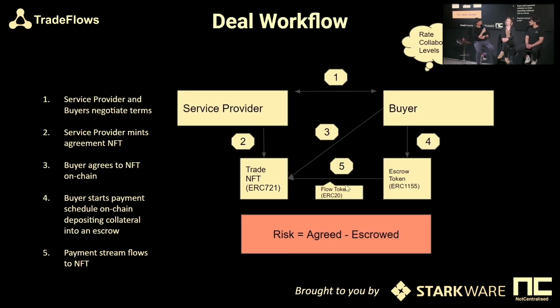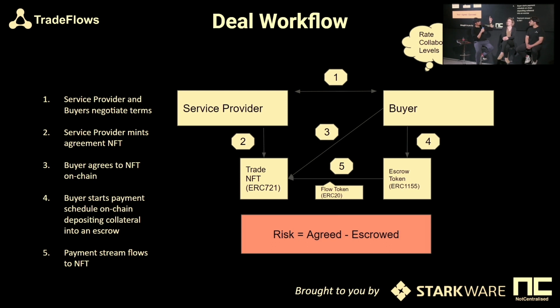There we go. TradeFlows is a way for people to describe deals on chain and to effectively manage liquidity. It's basically 5 steps, where first the service provider and a buyer decide that they want to do a trade. Then once that trade is decided, the service provider mints an NFT and the deal is represented as that actual NFT, and the terms and so forth are in there.